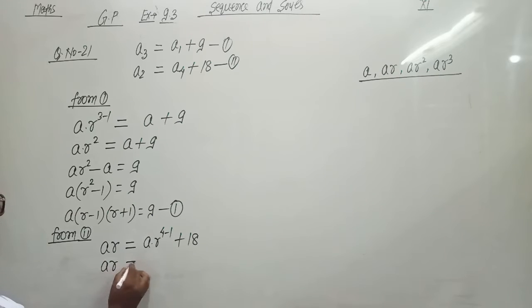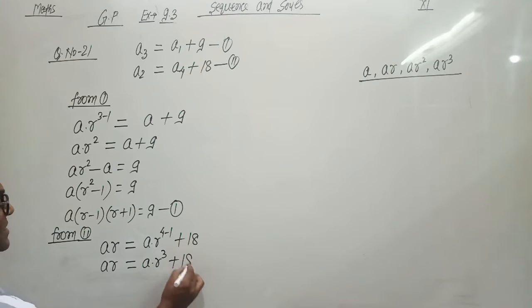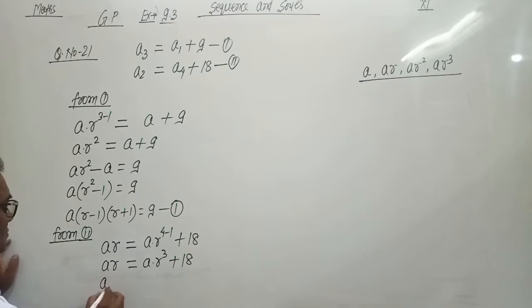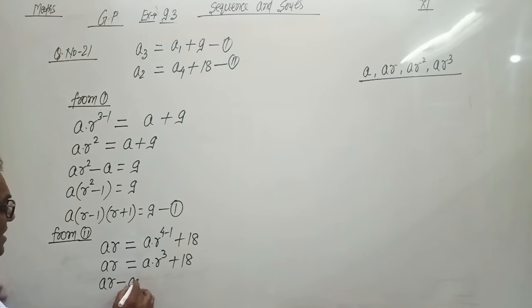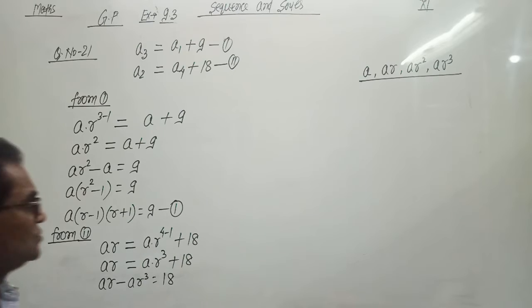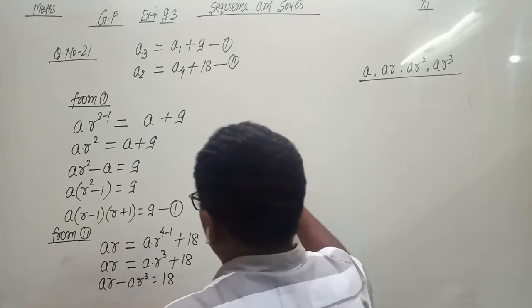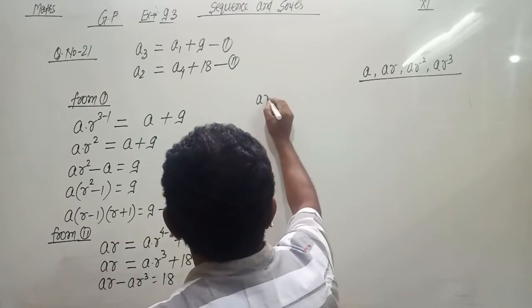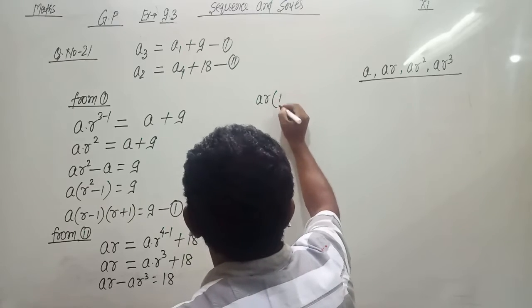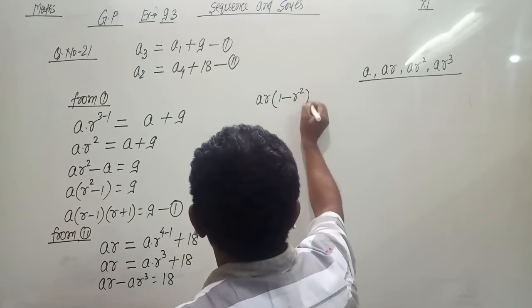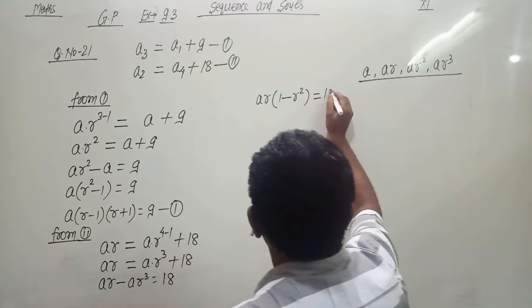So a into r equals a into r cube plus 18. ar cube will go on the left side. So ar minus ar cube equals 18. From the first two terms, ar is taken common. So we get ar into 1 minus r square equals 18.